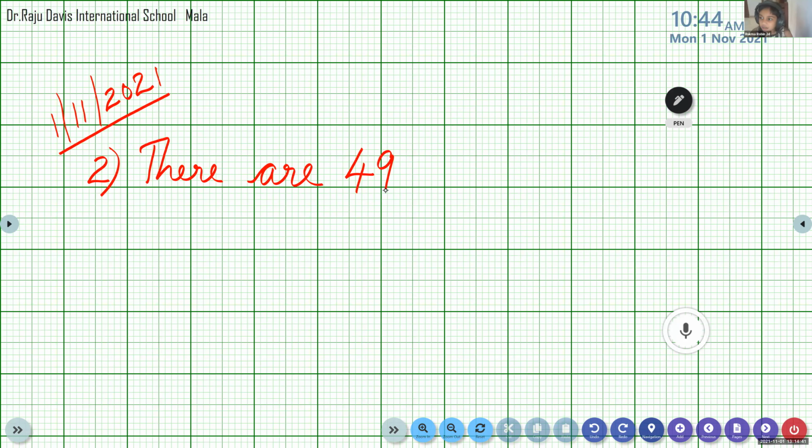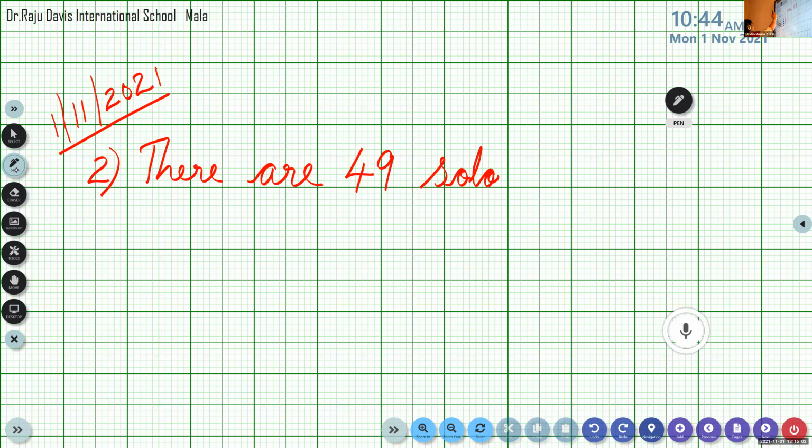Leave one page. You have taken a new notebook? Yes or no? One page, please leave. Okay. So leave one page. There are 49 storybooks.